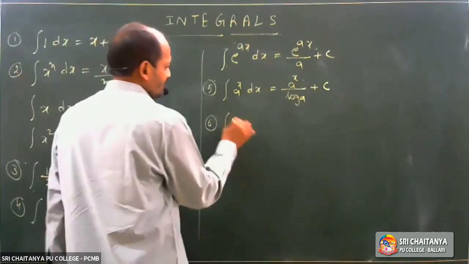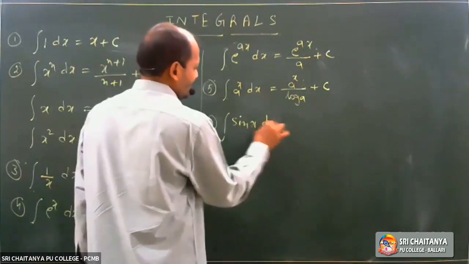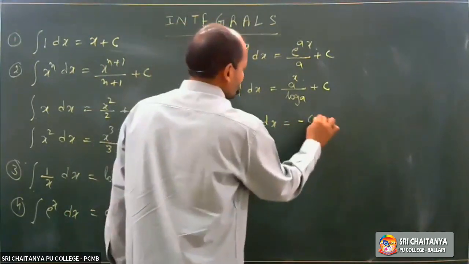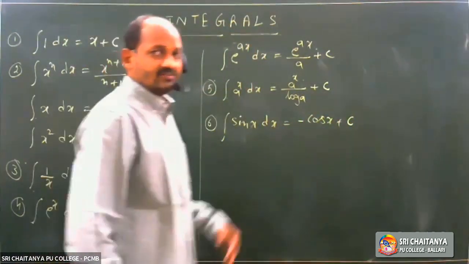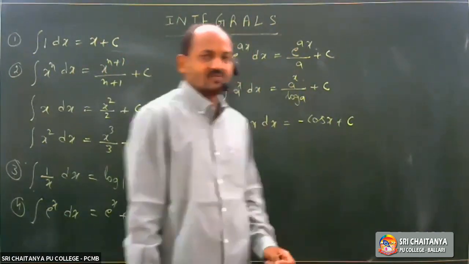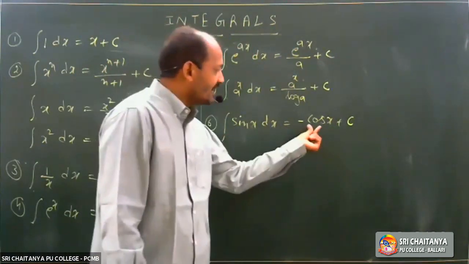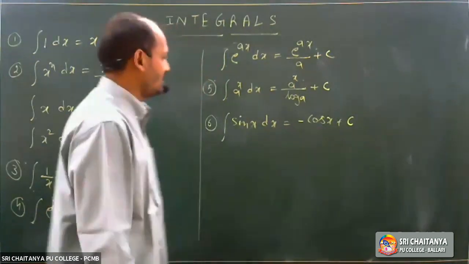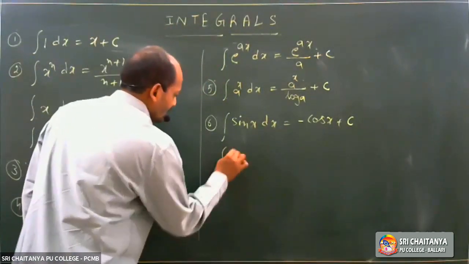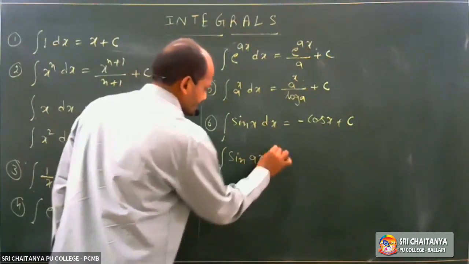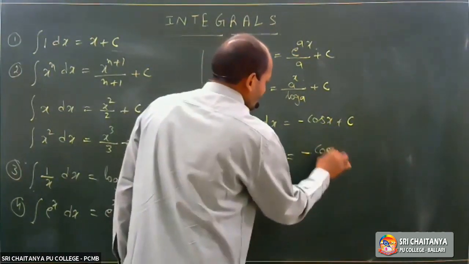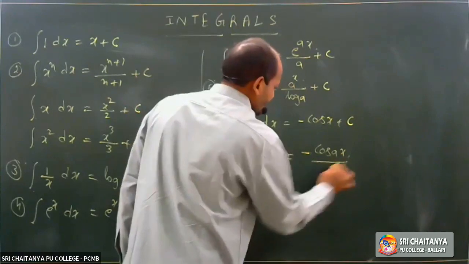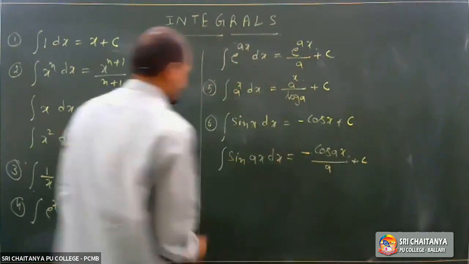Next, integral of sin x dx is minus cos x. In general the derivative of sin is cos, but the integral of sin is minus cos x plus c. Integral of sin ax is minus cos ax divided by a plus c.